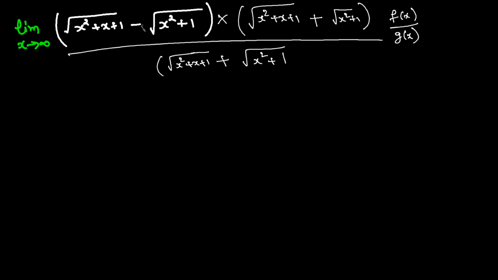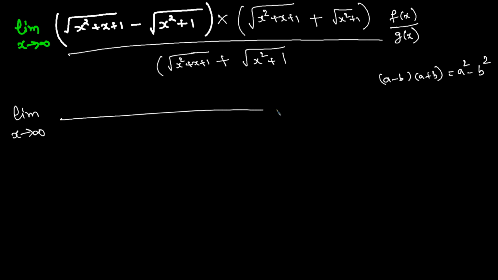Now in the numerator we have (a minus b) times (a plus b), which is equal to a squared minus b squared. So as x approaches infinity, this squared minus this squared is what we get from this identity.